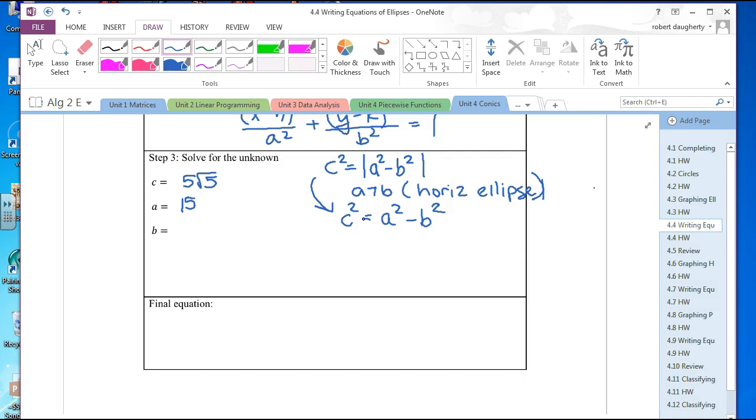Now we just go ahead and solve this. We're solving for B squared. So B squared is going to be equal to A squared minus C squared. So B squared equals, what is the square root of 5 squared? Yeah, so it's going to be 25 times 5. That's what I get when I square, oh, sorry, let me back up.